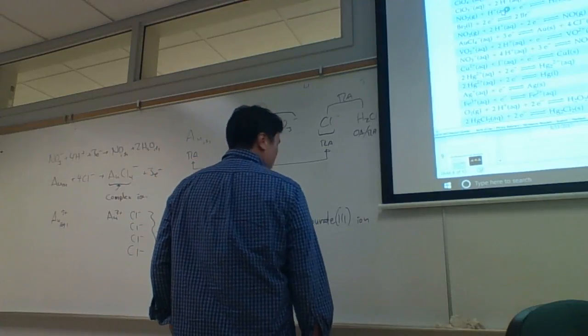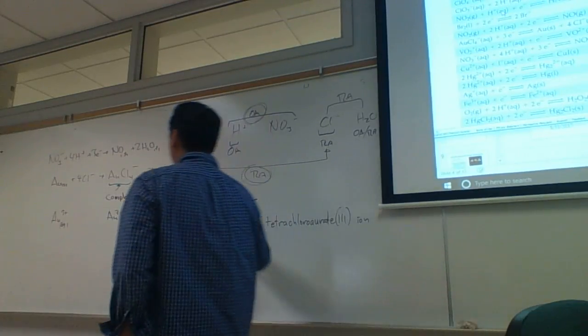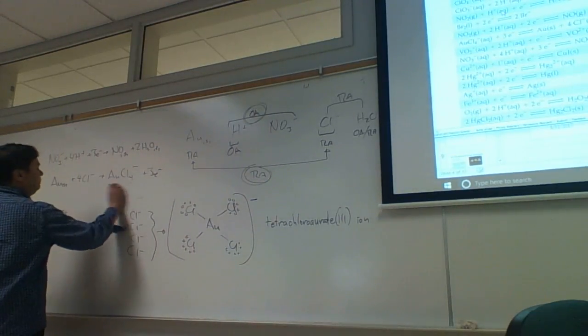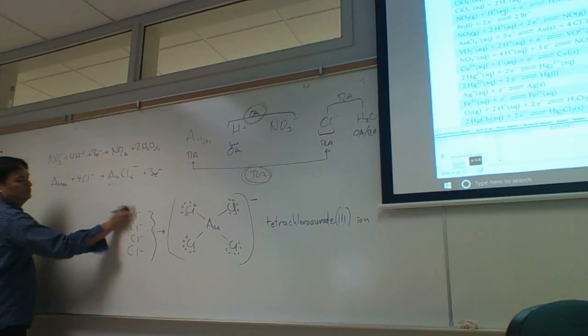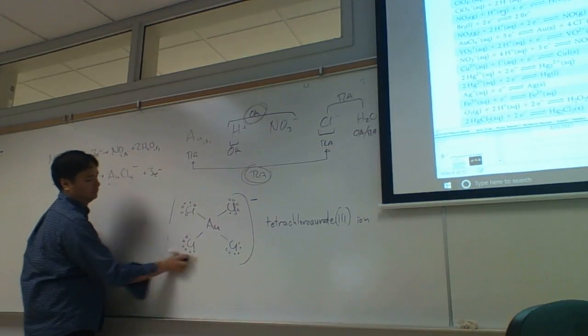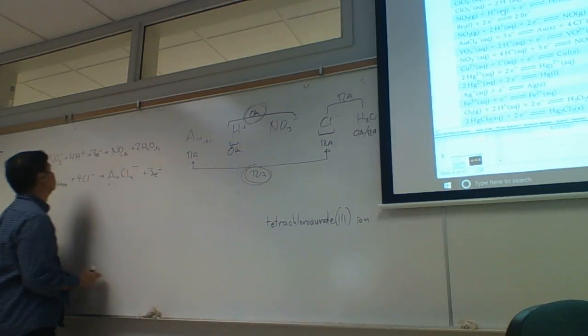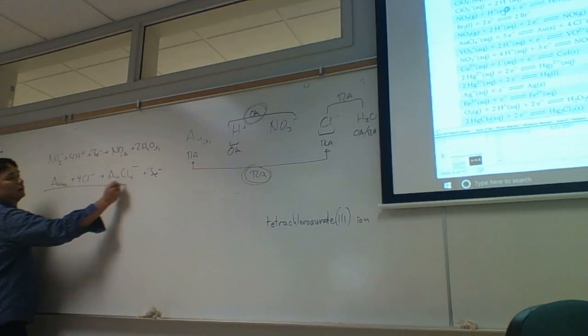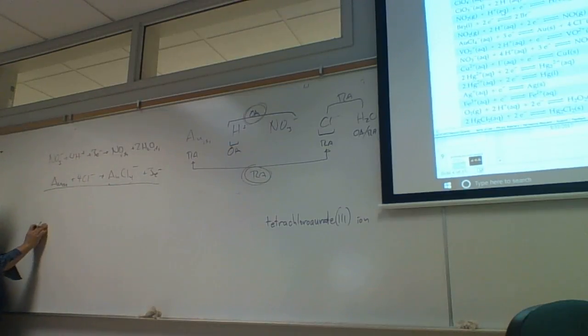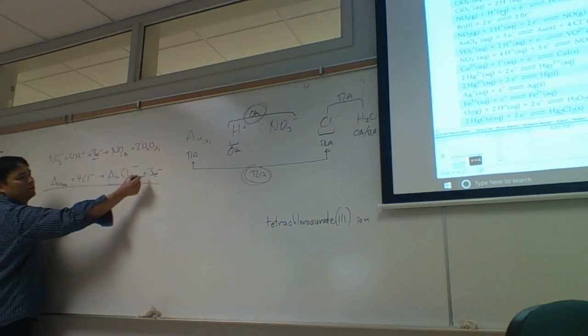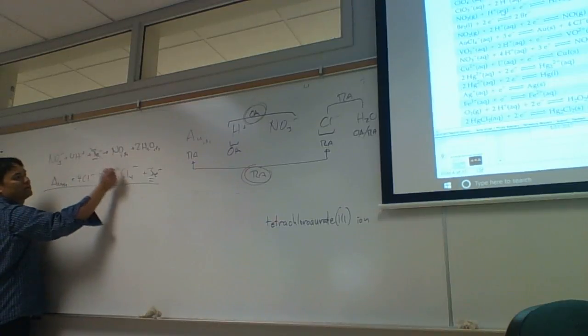All right, and so what we have here is this scenario where we got the two half reactions. We add up the half reactions, but here 3 electrons consumed, 3 electrons produced. They cancel out nicely.